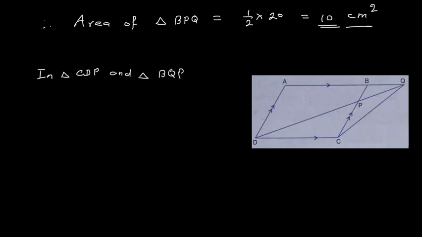Now in these two triangles, angle DCP is equal to angle QBP. Easily you can identify that they are alternate angles. These two angles are equal. Reason is alternate angles.